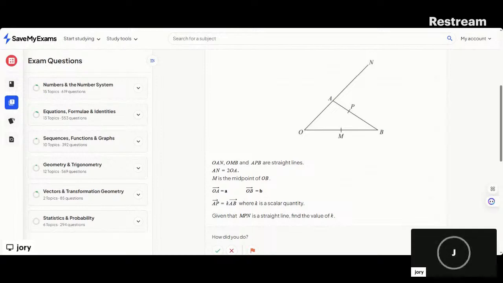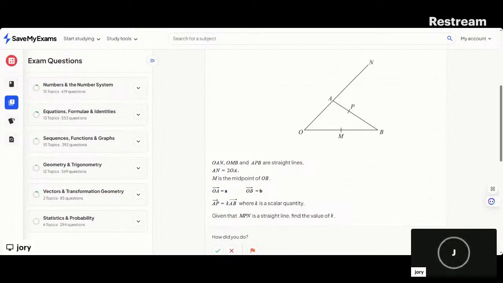So I need to find AP, and then I also need to find AB. I think we can find AB really quickly. Let's draw this on a sheet of paper and write the things because they're not written.